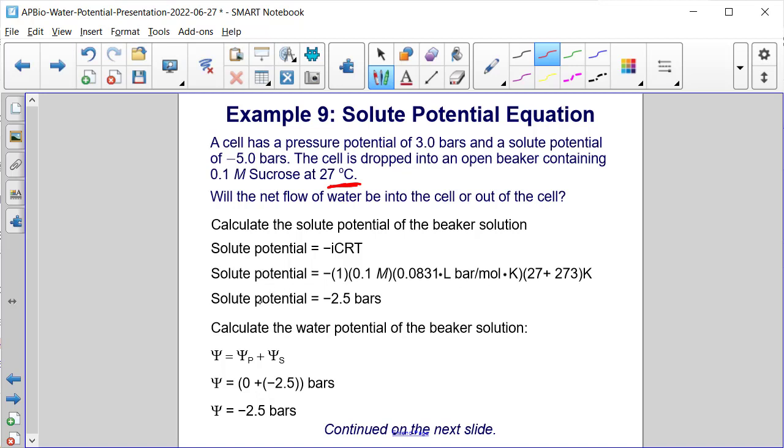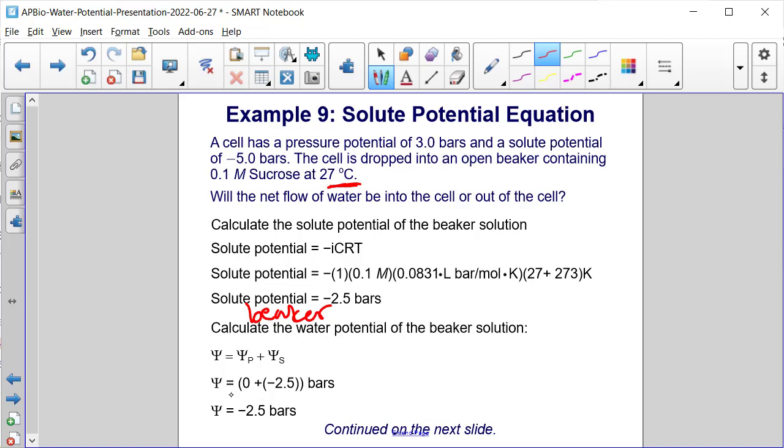So the solute potential, and this is the beaker, right, is minus 2.5 bars. The water potential, the overall water potential of the beaker solution is also minus 2.5 bars because we have an open beaker, so the pressure potential is 0.